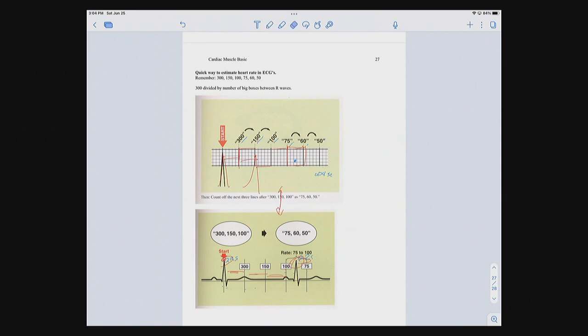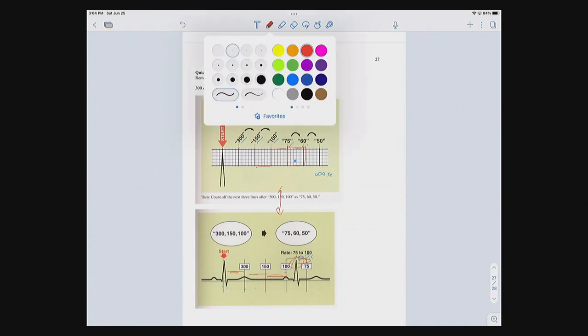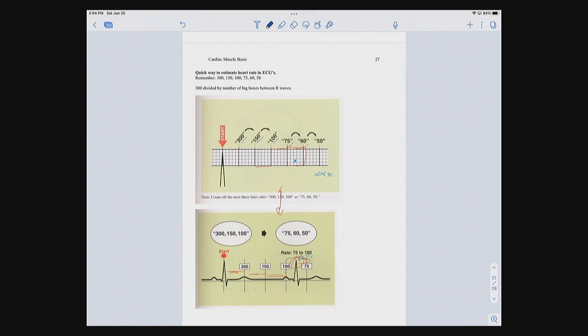Of course, you may say, what happens if I don't have that QRS lining up on a big box? You can still ballpark it. Suppose you have a QRS complex there and a QRS complex there, each in the middle of a big box. That's still two big boxes, so that means with that interval my heart rate is going to be 150 beats per minute.